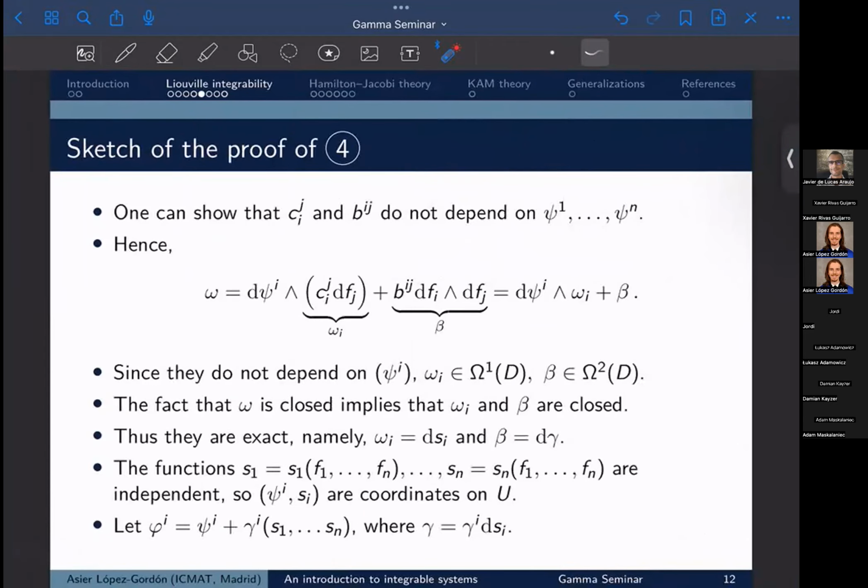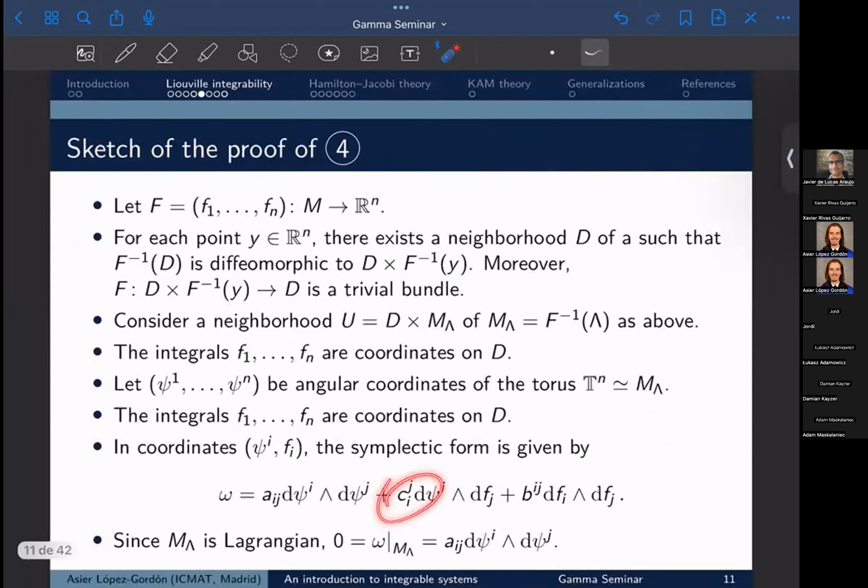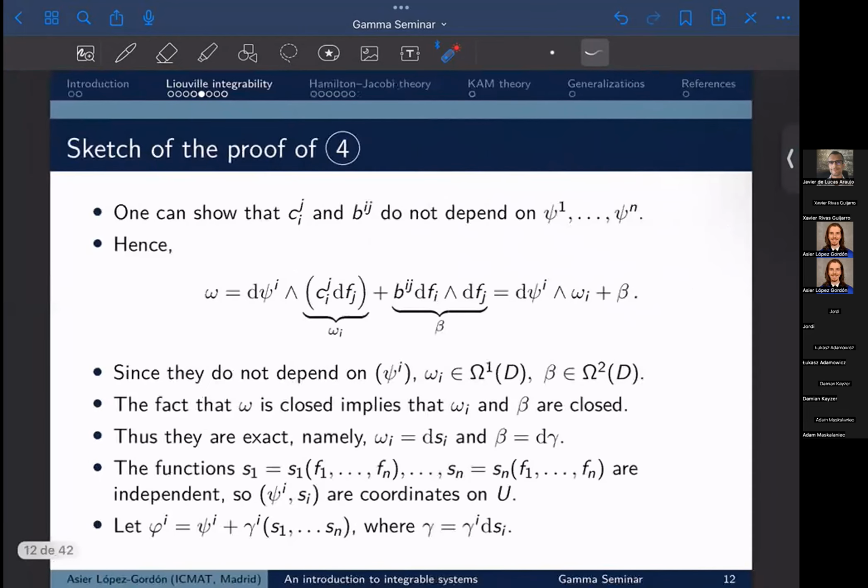I will skip the details because these are ugly computations, but one can show that these terms only depend on Fi. They do not depend on Ci. And thus, our symplectic form can be written in this way.